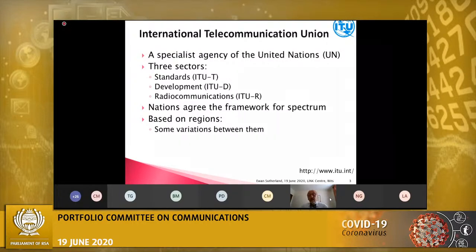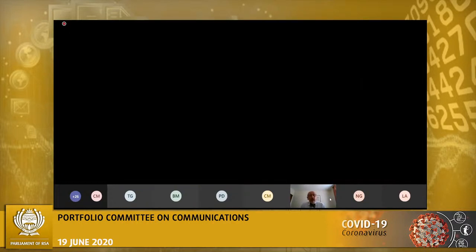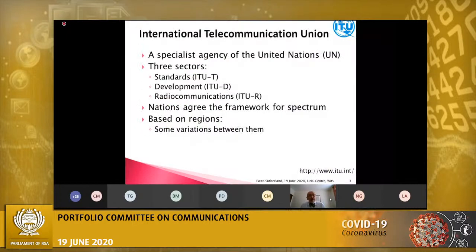The International Telecommunication Union is described as a specialist agency of the United Nations. It has been around for a great many years. It has 3 different sectors: standards, where I worked for a couple of years; development, which is there to support work in developing countries; and the radio communications sector.